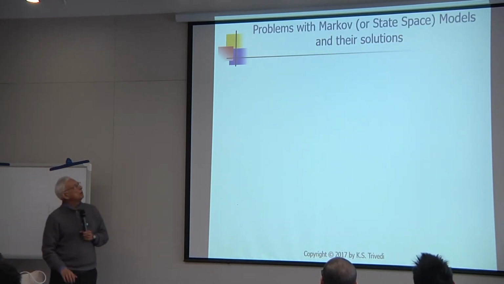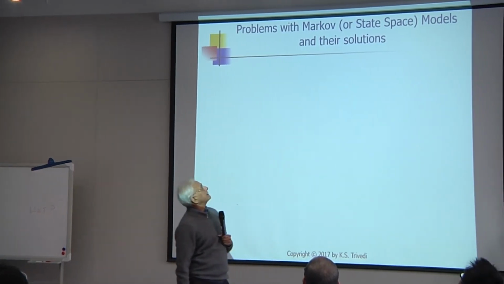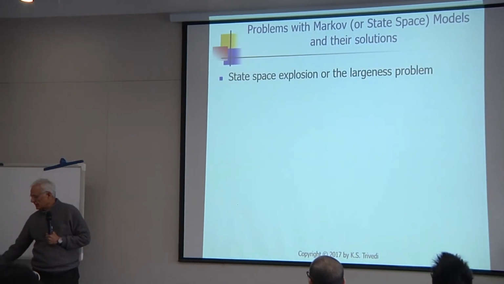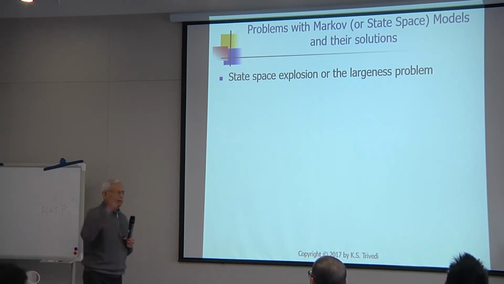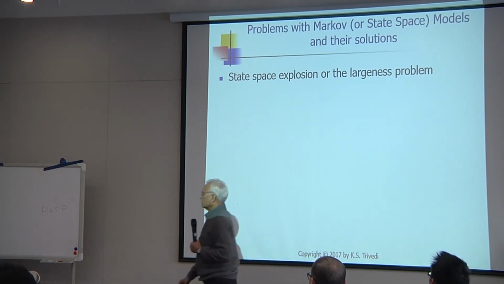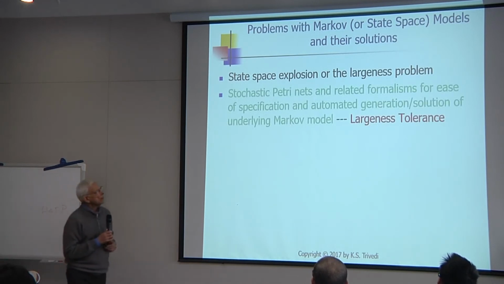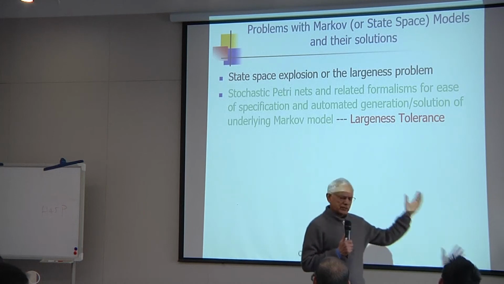Okay, so the key problem with the state space models is the largeness problem, right? State space explosion, the largeness problem. So I have proposed two different methods of dealing with this largeness problem, one of which I have called largeness tolerance. So suppose that in your model you're going to have a million states, let's say.